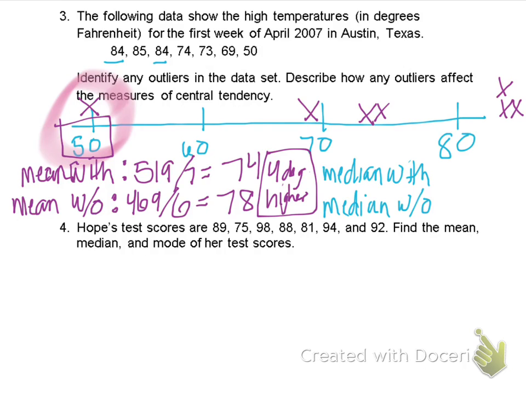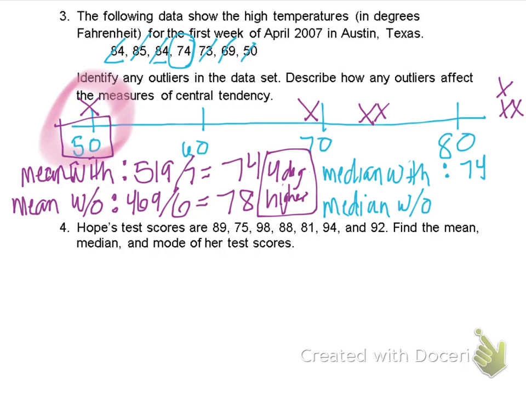So the median with, remember we're looking at the middle. These aren't exactly in order, but they're almost in order, so I'm just going to use them. 80, 50, 85 is the highest, so I'll cross it out first. The rest are in order. So then I'll cross out the 69, 84, the 73, the 84, and I get 74.